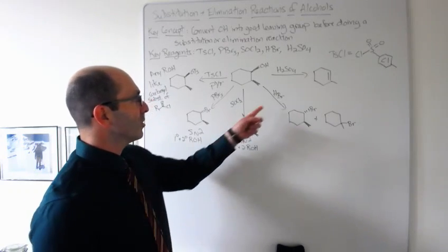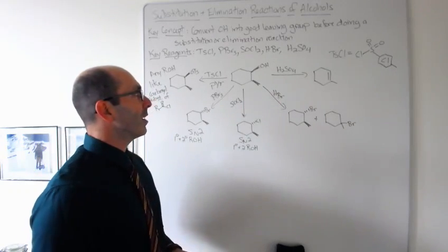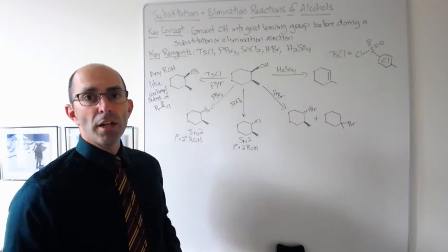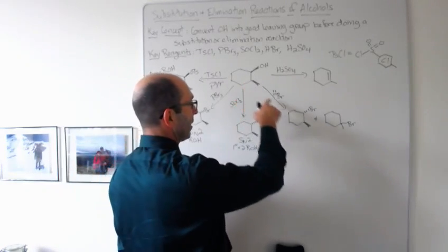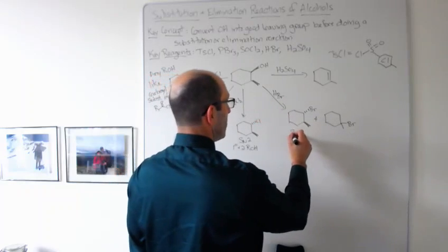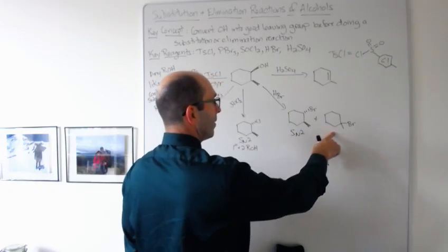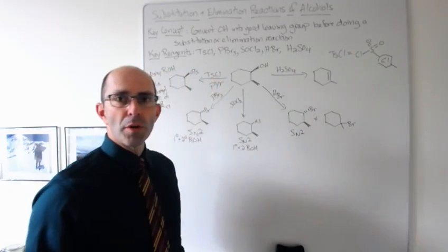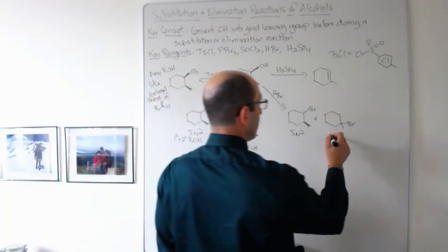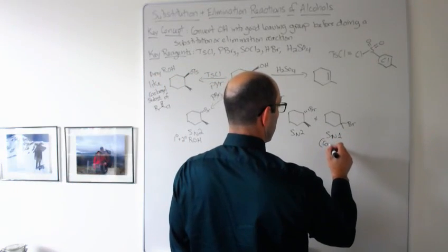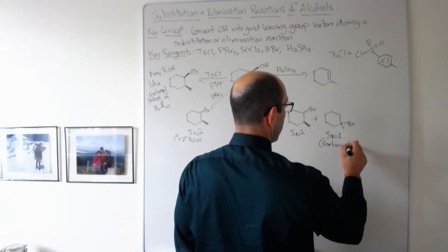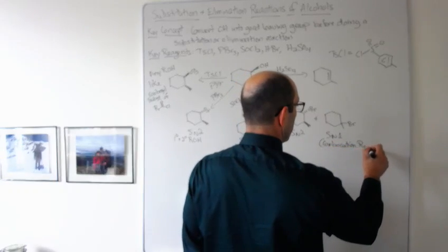When we look at the 2 acidic reagents, HBr and sulfuric acid, HBr, something weird's going on over here. We see that we get what looks like an SN2 reaction here, and then that product is a little bit strange. That is an SN1 reaction, and we have a carbocation rearrangement going on.